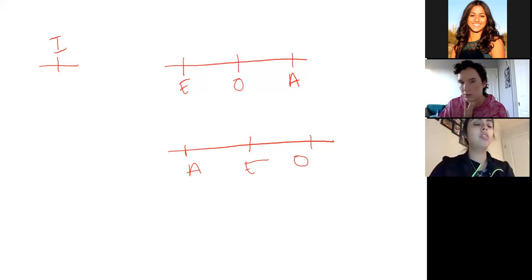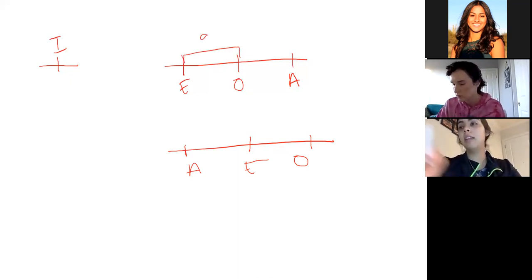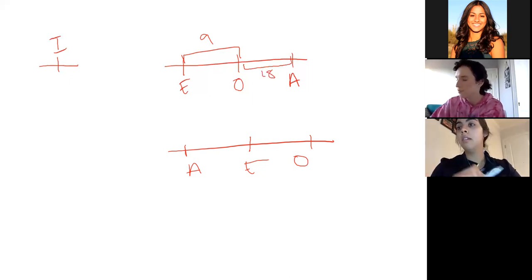So what I know for sure from that table is that between E and O, there is 9. And then between O and A, there is 18.